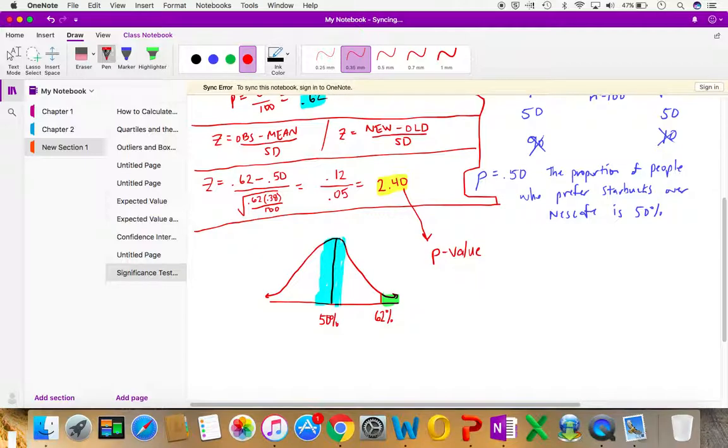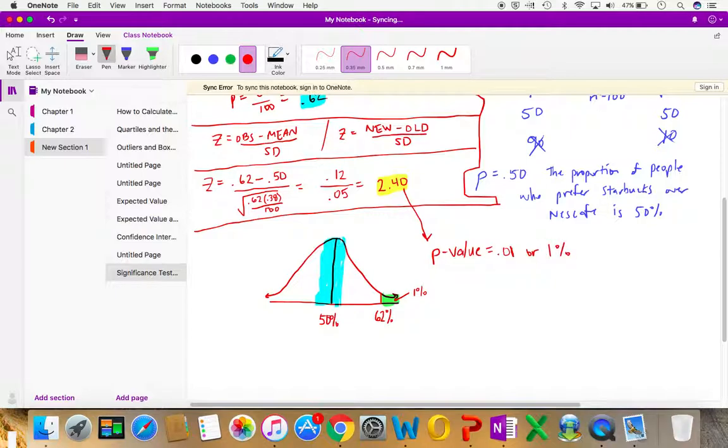So what this tells me is that all this area to the left is 0.99 or 99%, okay? And this area in the green right here, that's our p-value. That's 1%, or a p-value of 0.01, or again, 1%.